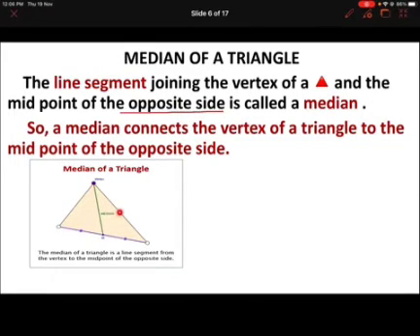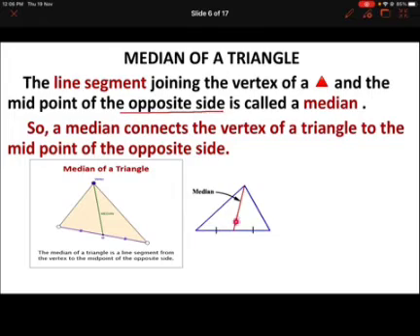Likewise, from this point to the midpoint of the opposite side, one more median. From this vertex to this side, midpoint, again one more line segment. So there are 3 medians in a triangle. Now, why is this stroke given here?